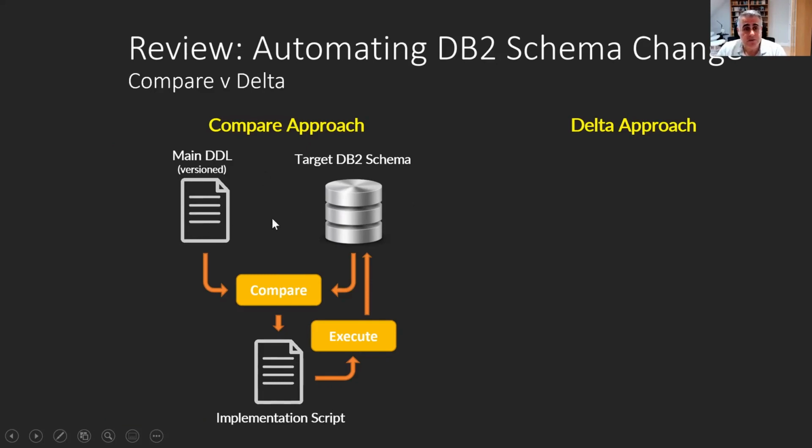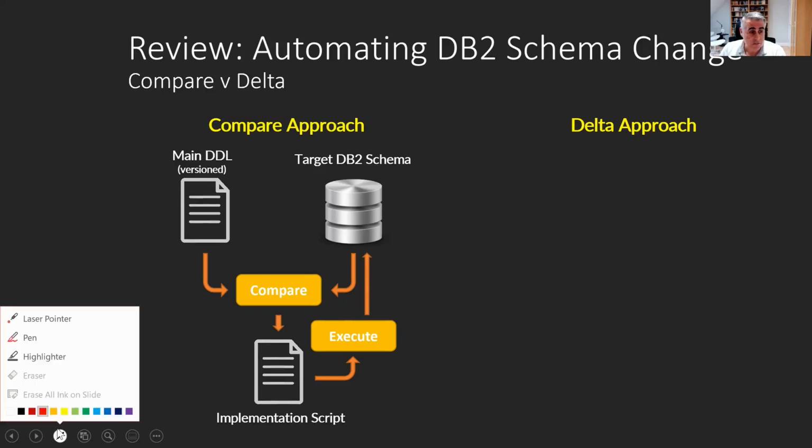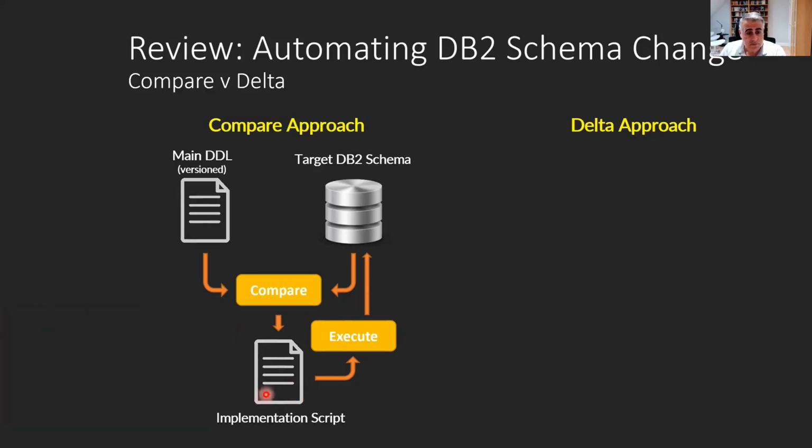The compare process will figure out the differences between your schema and the target schema. It will generate an implementation script that is specific to that environment, and it's going to make all of the changes necessary to make your target schema look like that main DDL. And at some point, you will take that implementation script and execute it against that target schema in order to implement the change.